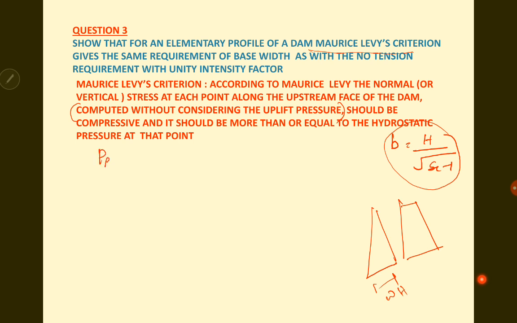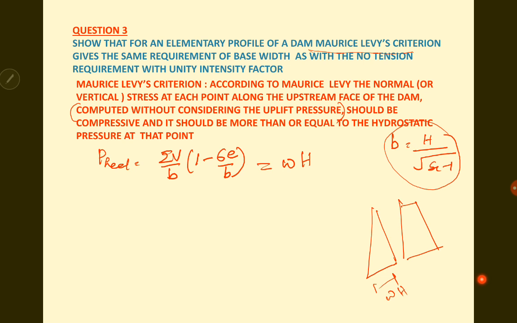You may know P heel equals sigma V by B into 1 minus 6E by B. So Morris-Levy's concept says that this will be equal to W into H. That is, sigma V by B into 1 minus 6E by B is equal to W into H, where W is the specific weight of the water. So this is the concept.